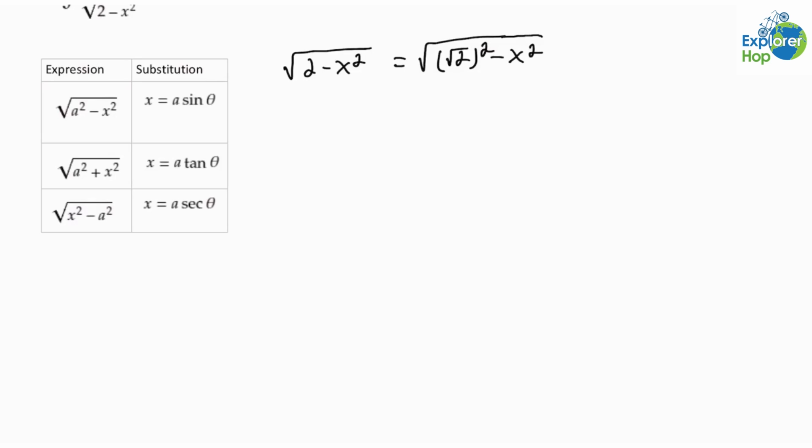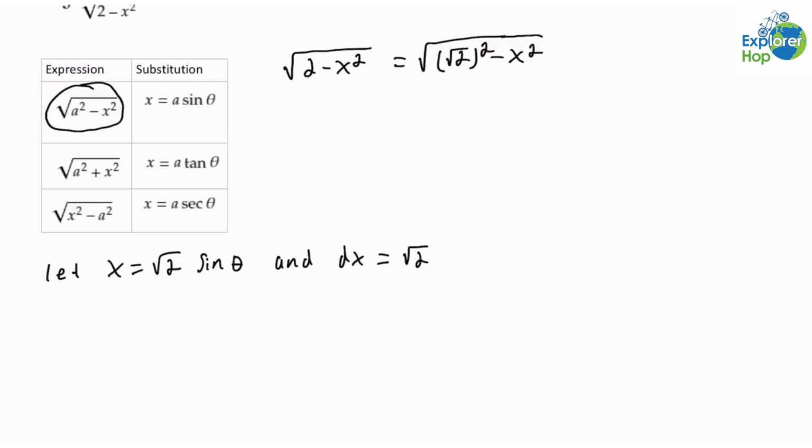So from our table, we can see that this matches the first expression. So we will let x be equal to the square root of 2 sine theta. And this means that dx is equal to the square root of 2 times cosine of theta, d theta.